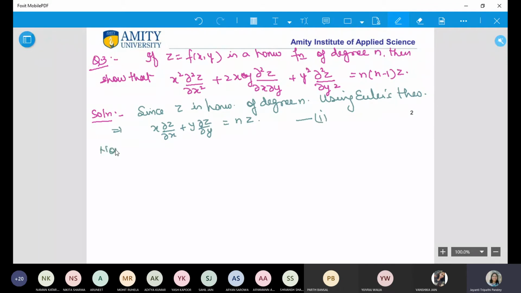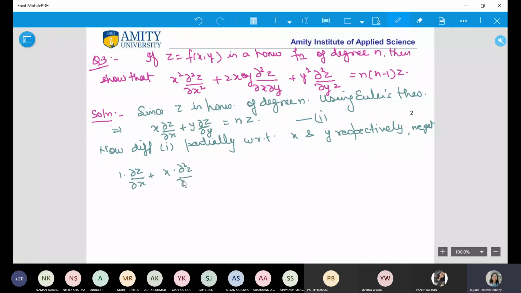Now differentiate 1 partially with respect to x and y respectively. We get, differentiating with respect to x, 1 into ∂z/∂x plus x into ∂²z/∂x² plus y into ∂²z/∂x∂y.